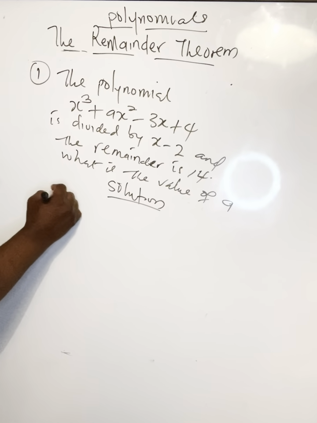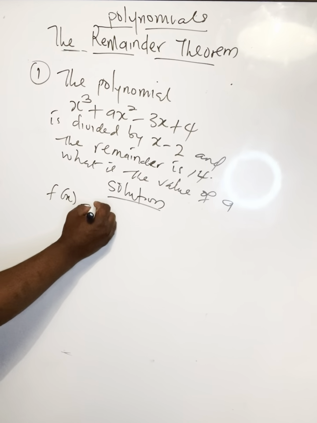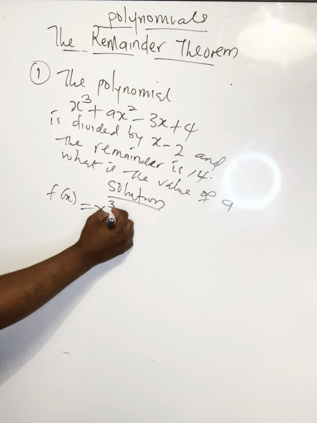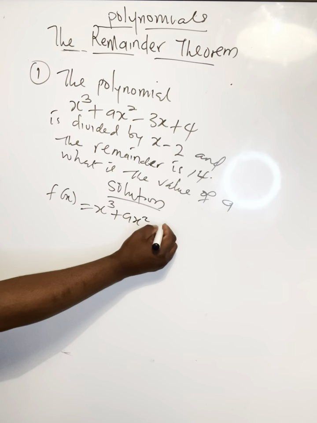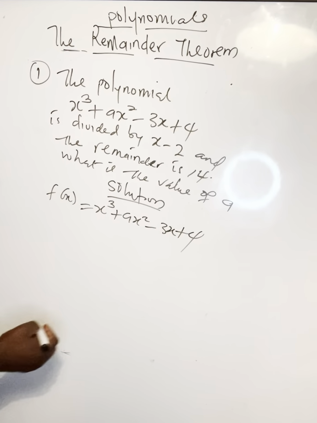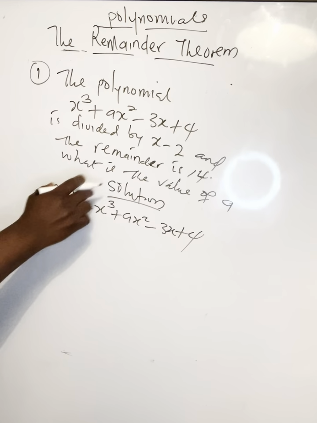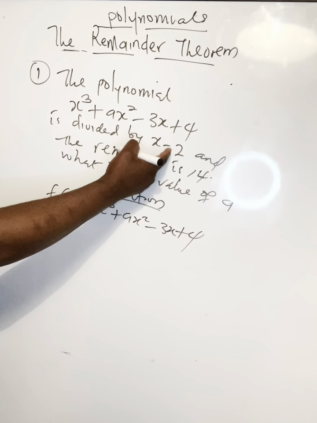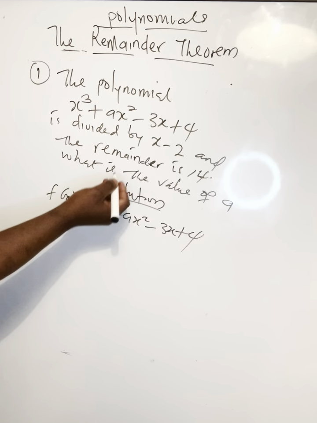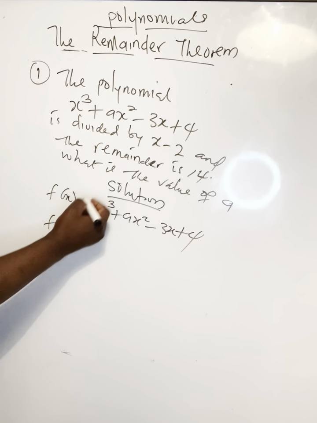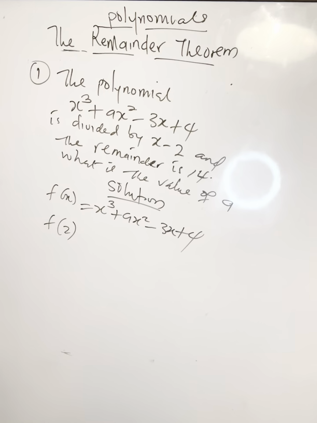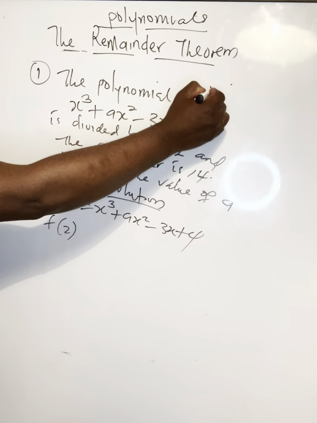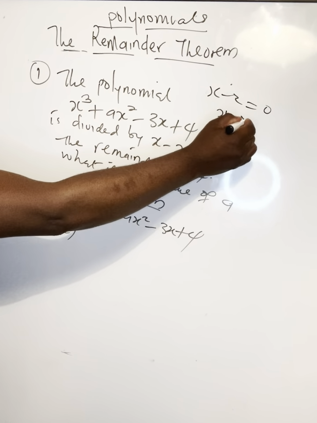I'll bring out the function of x, which is x raised to the power of 3 plus ax raised to the power of 2 minus 3x plus 4. Now remember what I normally do here. I'm going to replace x with 2, using the remainder theorem, because if you equate x minus 2 to 0, x is going to be 2.